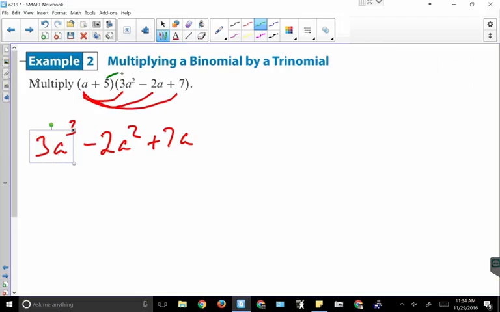So 5 times this. That's going to be plus 15a squared. 5 times this one. Minus 10a.